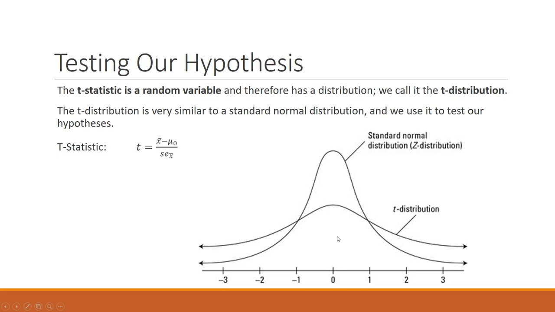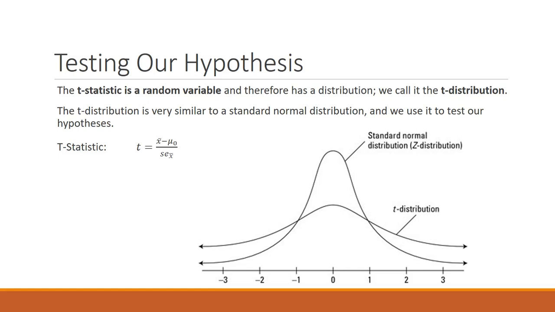A t-distribution has the same mean as a standard normal distribution, but it's a little bit wider. It's more widely dispersed than a standard normal distribution. Basically, our t-statistic is a random variable that is drawn from a t-distribution, which is very, very similar to a standard normal.